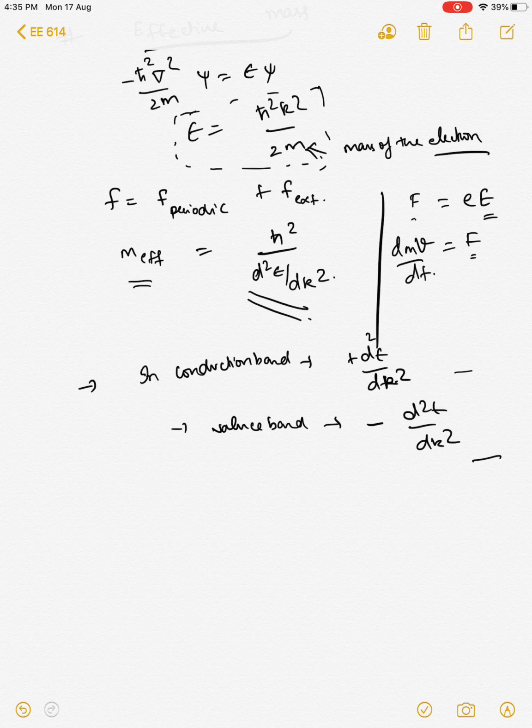The main reason is that they have a negative second gradient of energy versus K, which gives them the feel of having a positive charge, whereas electrons have negative charge. Therefore, we have holes, which are positively charged.